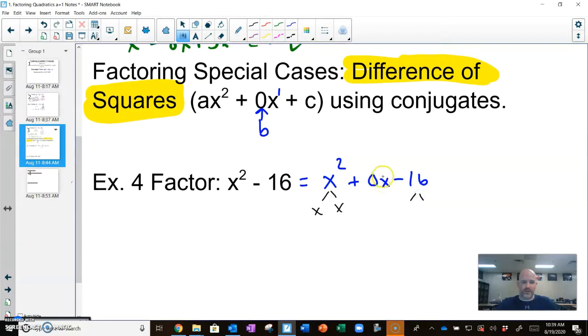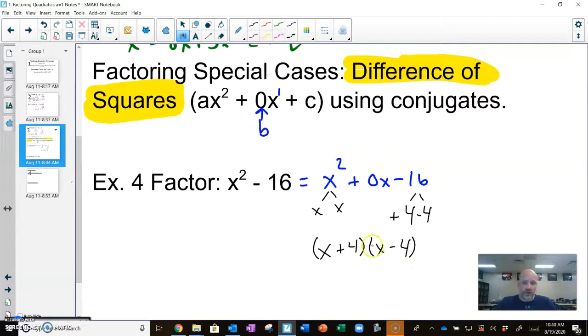What are factors of 16 that combine to 0? Well, positive 4 and negative 4, because those are inverses of each other, so they'll undo each other, and we'll end up with 0x. So you could factor it the old-fashioned way and say that it's x plus 4 times x minus 4.